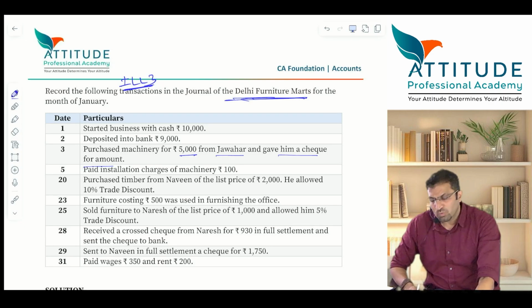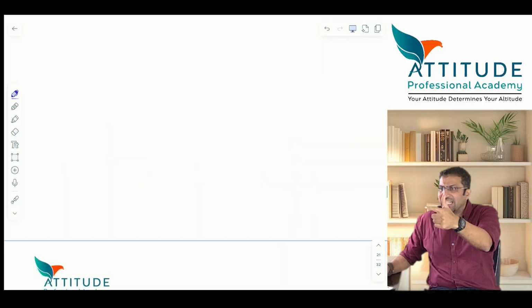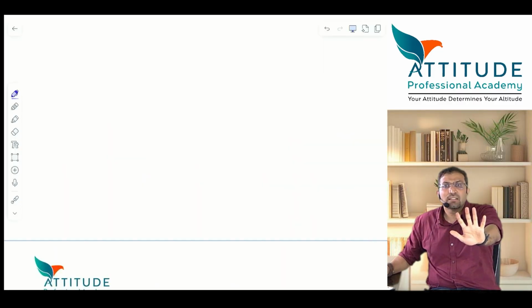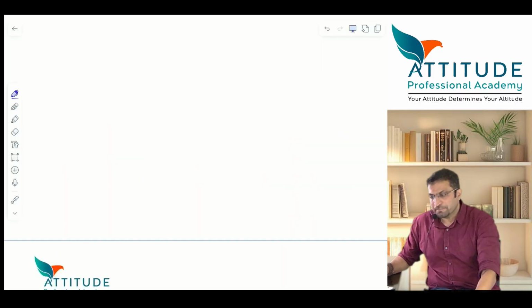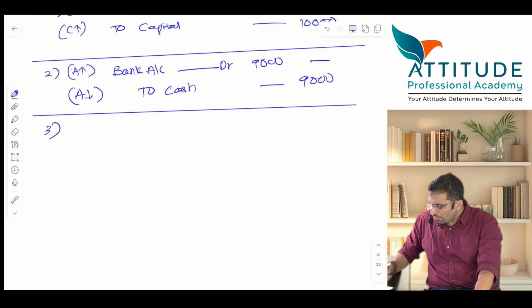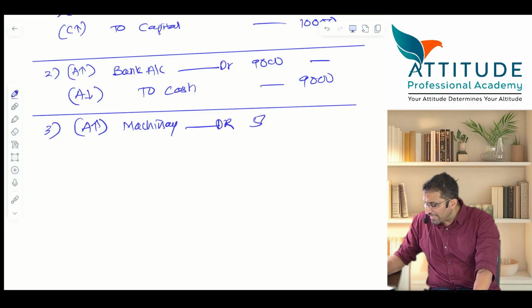For fixed assets, purchase, sales return, purchase return does not come. It will be machinery only. Is that clear? Entry. What should I write in bracket? Asset increases. Which is that asset? Machinery. Very good. Machinery account debit. How much? 5,000.